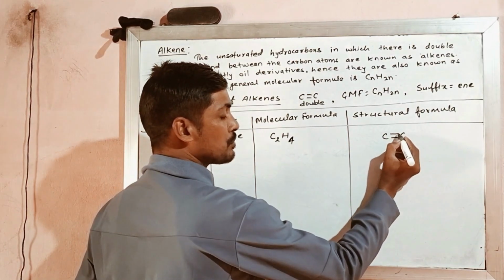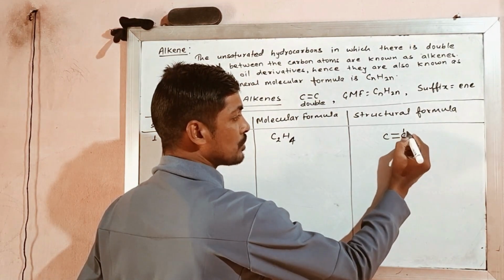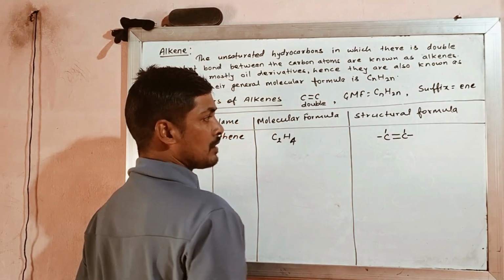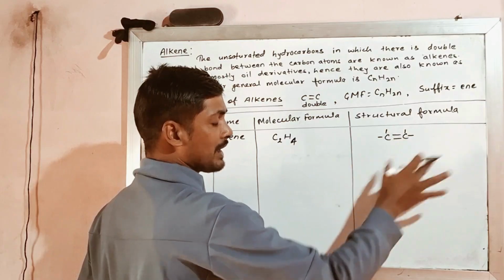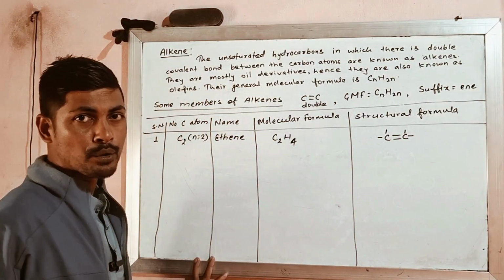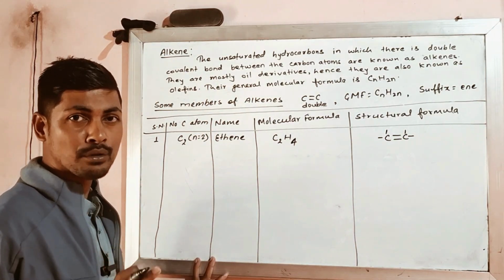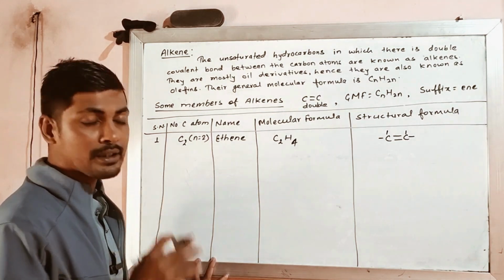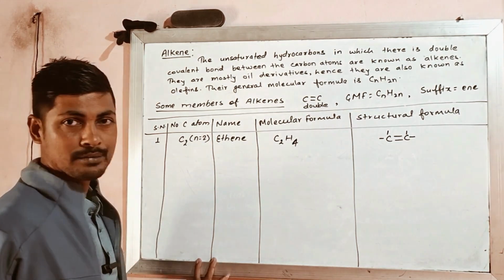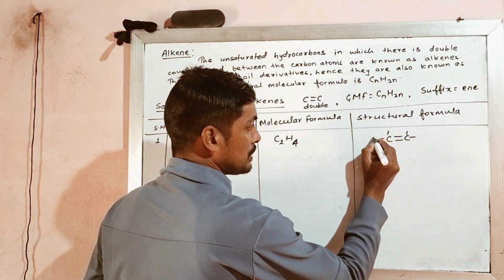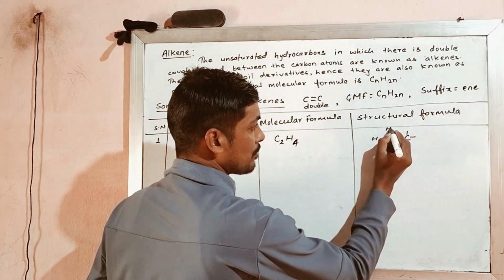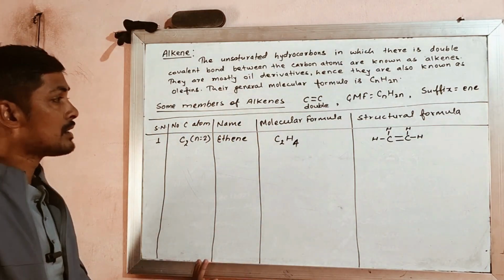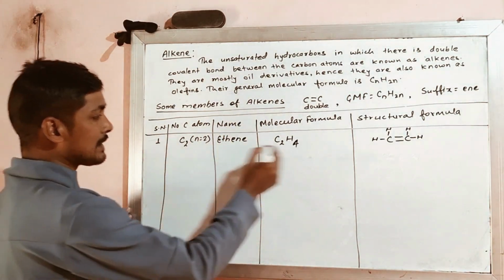Here both carbons have 2 covalent bonds, so complete the 4 covalent bonds in each carbon. You can place this bond anywhere, but the number of bonds must not exceed 4 and must not be less than 4. It must be 4 bonds in each carbon. Now you connect hydrogen to these covalent bonds. So this is the structural formula of ethene.